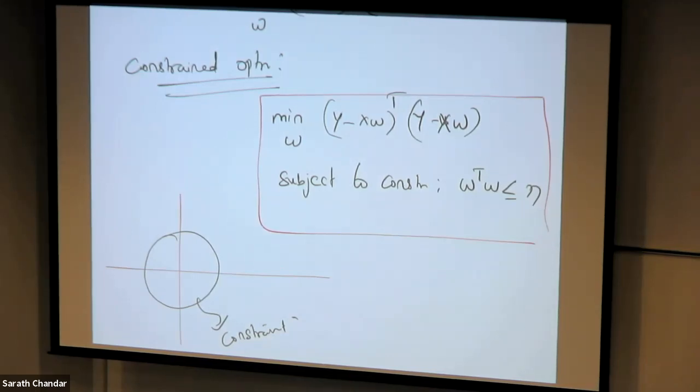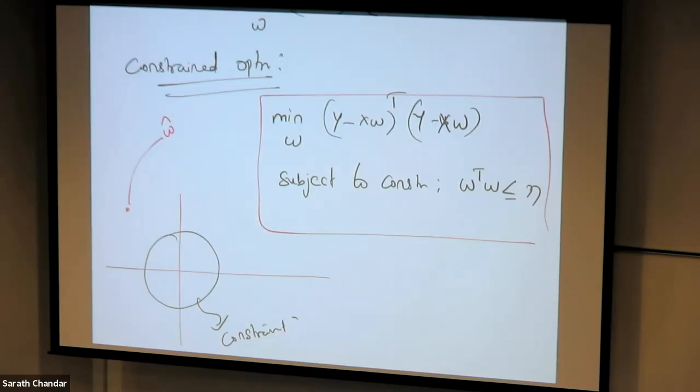Now, the original solution, the unconstrained problem solution, could be somewhere here. Okay. So this is my W if there was no regularization. Now, the regularization tells me that this W is not allowed, right?